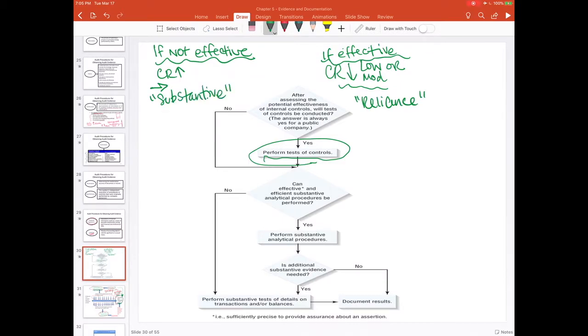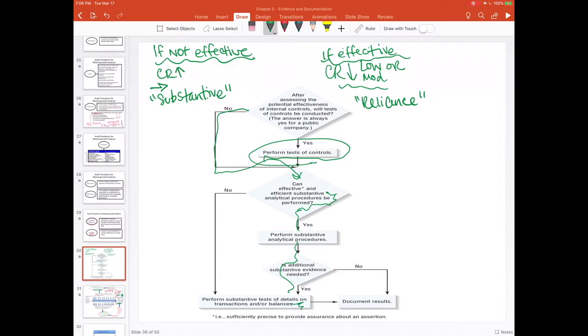I am going with my substantive procedures. And that's this path that it's showing here, where you're going straight down to substantive procedures. It walks you through these steps: you'll do substantive analytical procedures first, and then if you think you need more work, you're going to do substantive test of details.